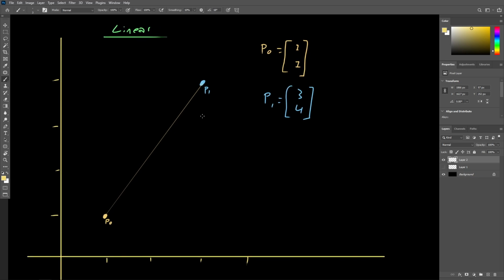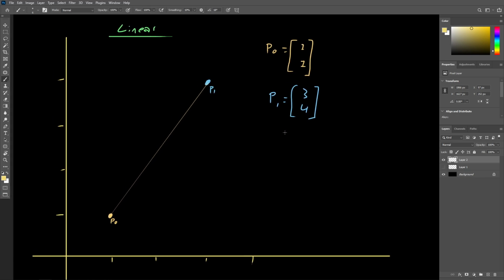However, we'll see that the same rules that we can use here apply to a Bezier curve of any complexity. So all we have to do is draw a straight line between each set of points. And then we're going to introduce this t value. Remember, a Bezier curve is defined by a set of points as well as a value t, which varies between 0 and 1.